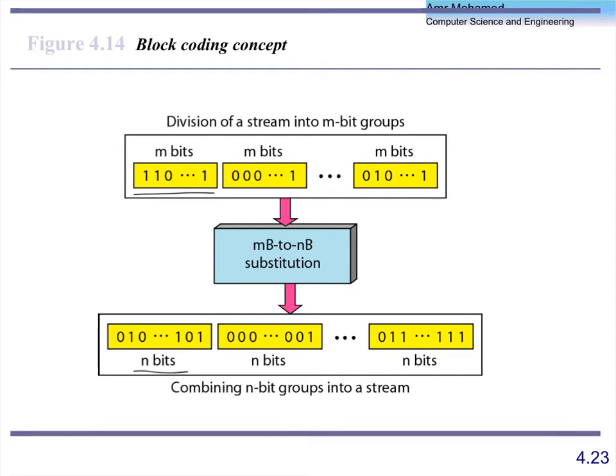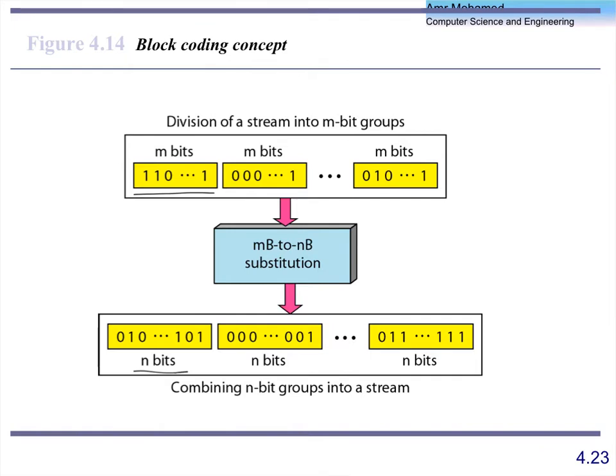Of course, we have another 16 combinations, right? So these 16 combinations, we can use them for signaling that can enhance the error detection. That's why we said that block coding has 2 functions. One is that it improves the self-synchronization by imposing some alternations. So when we have straight zeros, we put 1 in between.